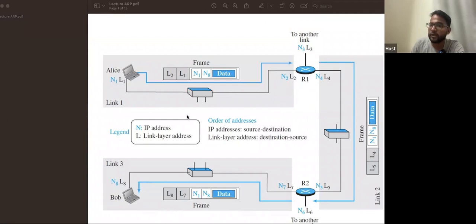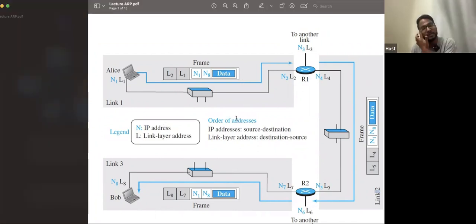Similarly, if you want to send from R1 to R2, you do not need this N5 anywhere. You need the MAC addresses within the network. If R1 has to reply, then R1 also doesn't need the IP address of this host, which is A. R1 doesn't need N1 if R1 has to reply, within one network.